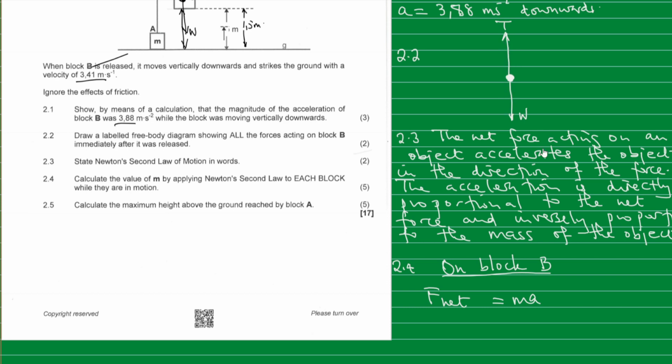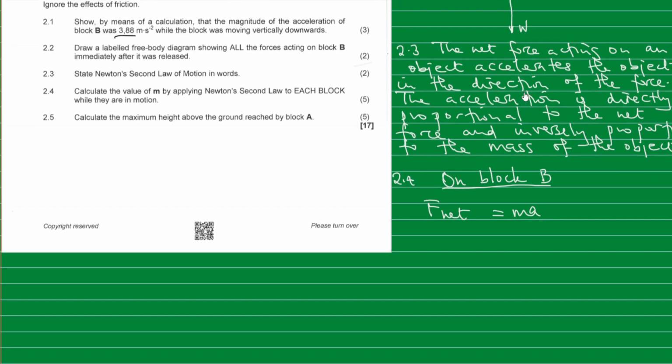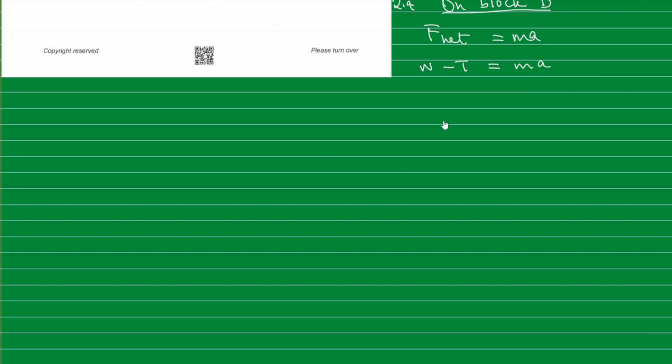So the net force will be the vector sum of those 2 forces, which is the weight minus tension, which should give us mass times the acceleration. Now the weight, we can break it down into mass times gravitational force.